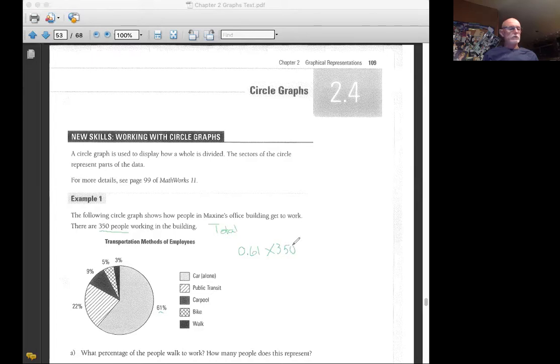I just told you I needed a calculator, so I've got to get my calculator and turn it on. So 0.61 times 350 is equal to 213.5.